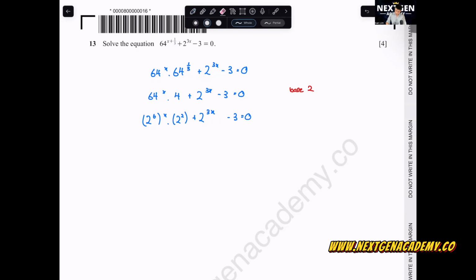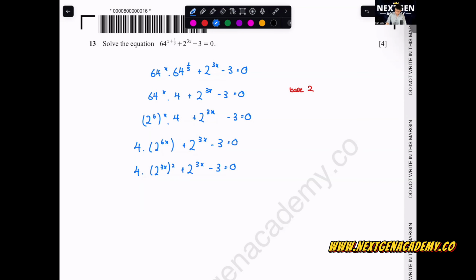Okay, maybe you don't want to change the 2 to the power of 2 because I only want the x. So this one we remain it as 4. Okay, what I'll do, rewrite it like that. 4 times 2 to the power of 6x plus 2 to the power of 3x minus 3 equals to 0. Then you write into a quadratic equation like that. (2 to the power of 3x) squared plus 2 to the power of 3x minus 3 equals to 0.